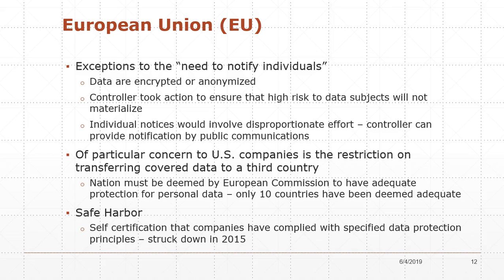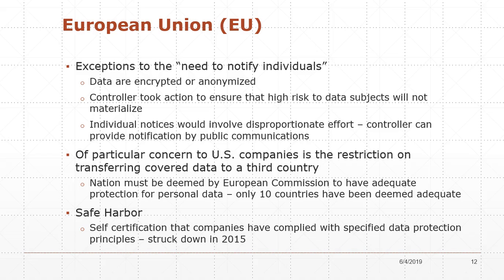A particular concern to U.S. companies is a restriction on transferring covered data to a third country. Data must be deemed by the European Commission to have adequate protection for personal data. There's only 10 countries that have been deemed adequate.